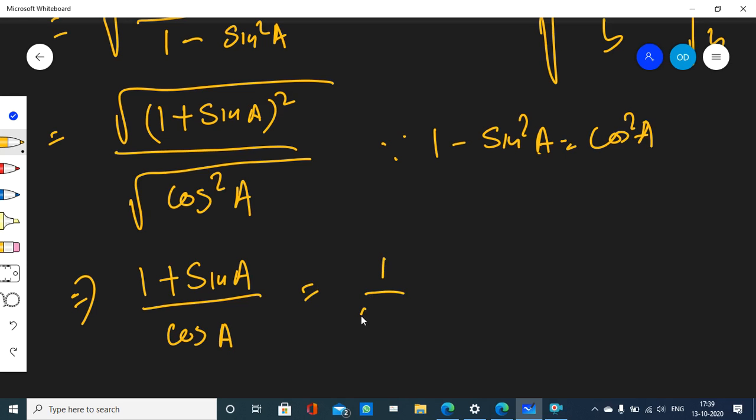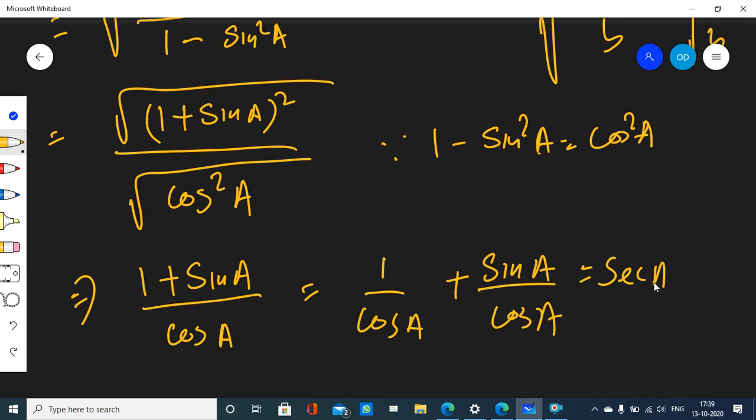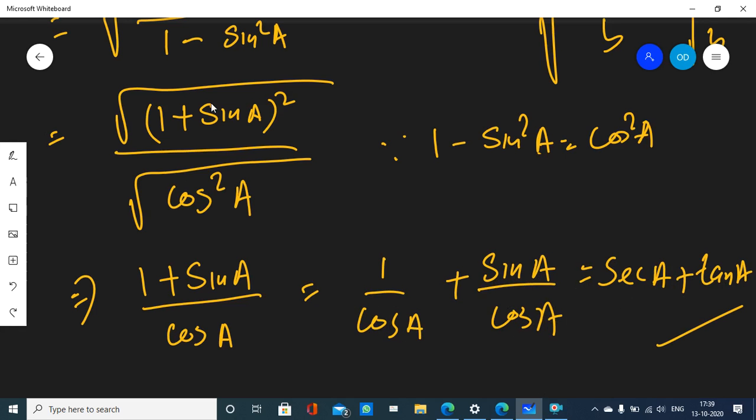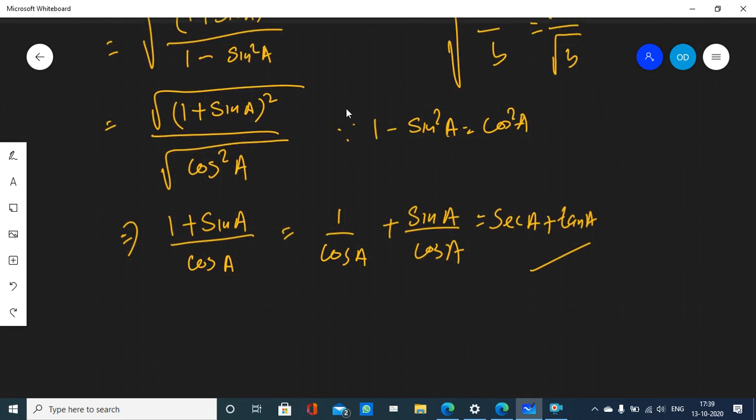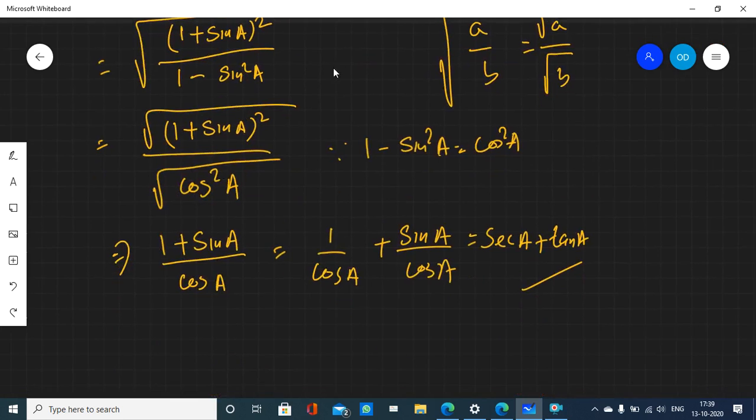And this is what? 1 by cos a plus sin a by cos a, and this is what? 1 by cos a is sec a plus sin a by cos a is tan a. Tan a. Right? As simple as that. So proved, RHS proved.